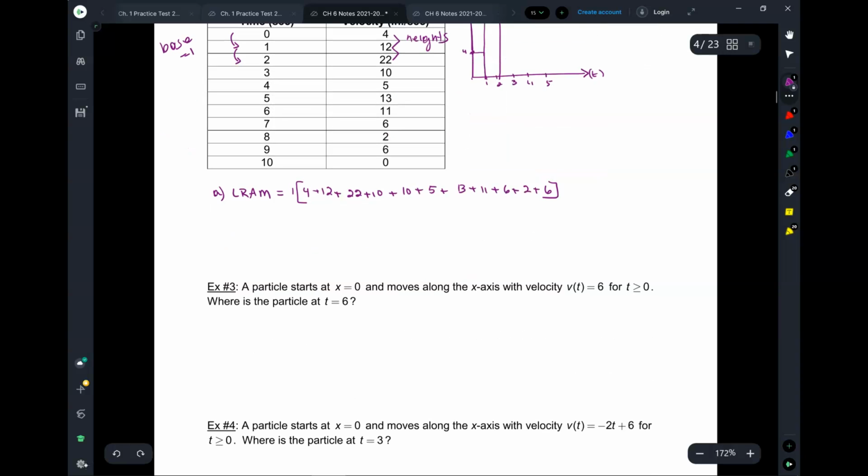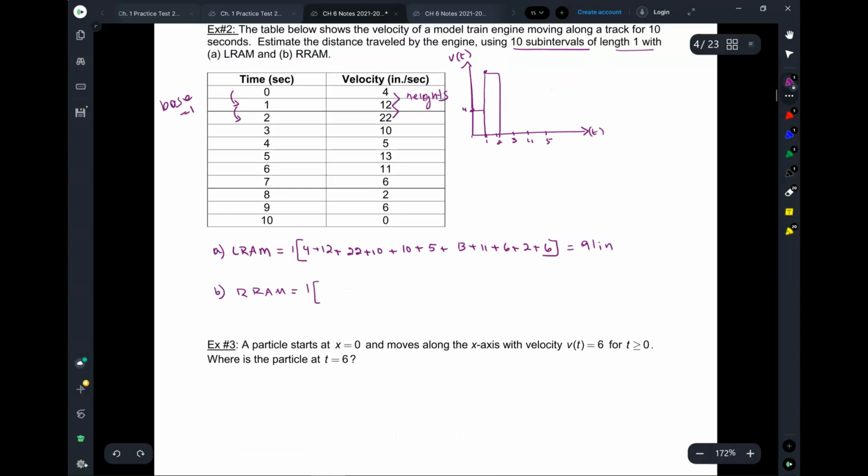Okay? If it was Rram, you wouldn't include the first one. Exactly. And for Rram, it's again 1 times, this time, for the first rectangle, it's 12. So you start 1 in, and you go all the way through. Okay? So 12 plus 22 plus 110.